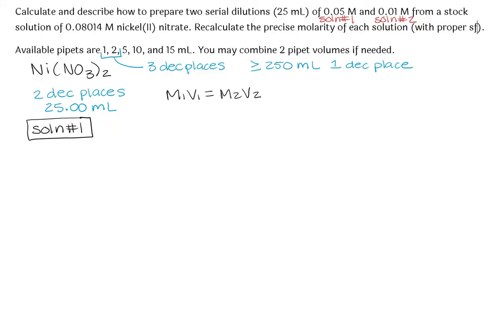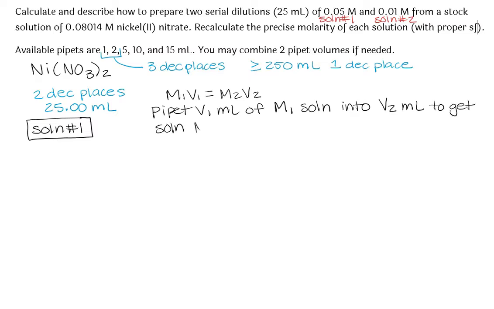And what we're doing conceptually is that we will pipette V1 milliliters of solution M1 into a volumetric flask of V2 milliliters to get a solution with a molarity of M2.